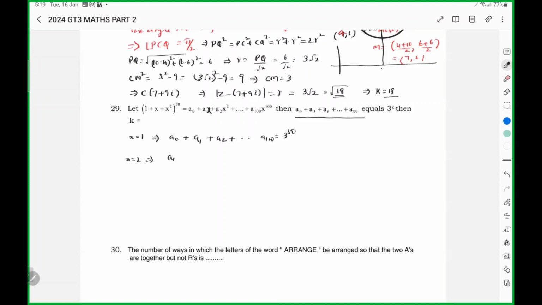X is 2, x is omega. A2 omega square, A100 omega power 100. 1 plus omega square power 50, which is 0.